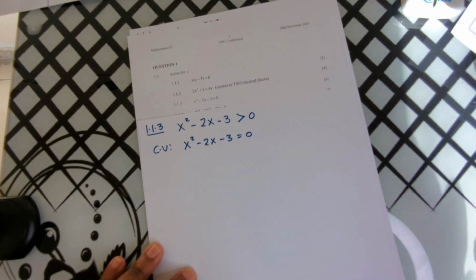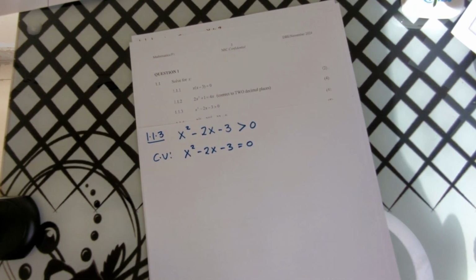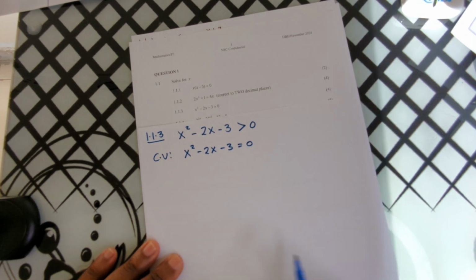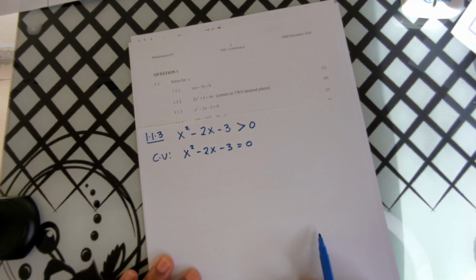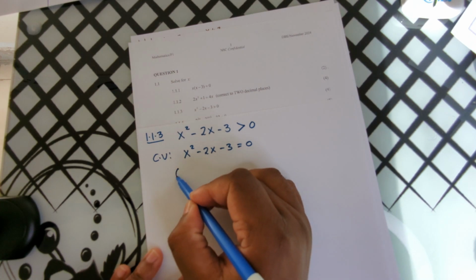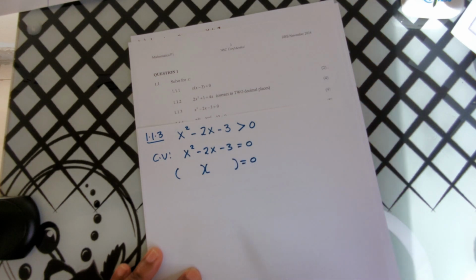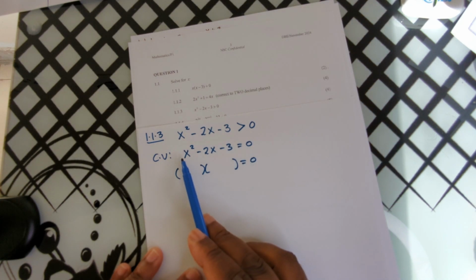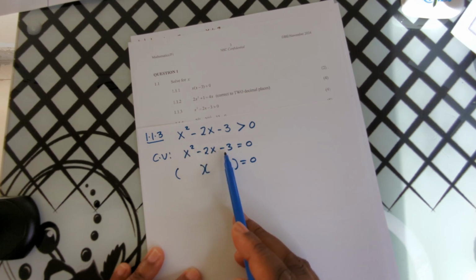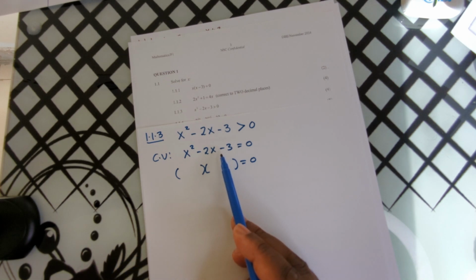Let's change the inequality sign into an equal sign and try to solve this. So we need to factorize. And how do we do that? We look at the leading coefficient, which is 1, and we multiply that 1 with the constant term, which is -3 in this case. So that gives us -3.